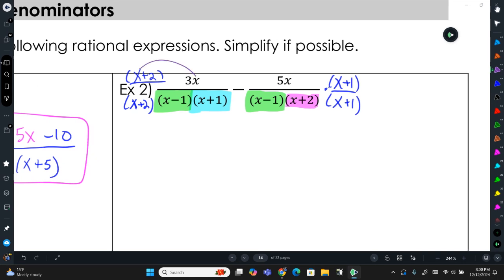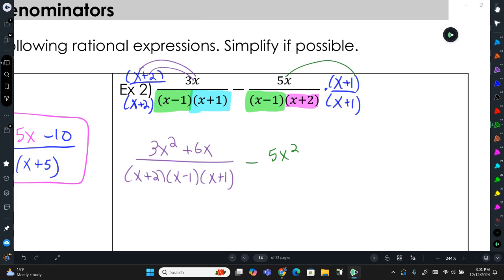Okay, so then x times 3x is 3x squared. 2 times 3x is plus 6x, all over x plus 2 times x minus 1 times x plus 1, minus 5 times x is 5x squared. 5 times 1 is plus 5x, all over x minus 1 times x plus 2 times x plus 1.